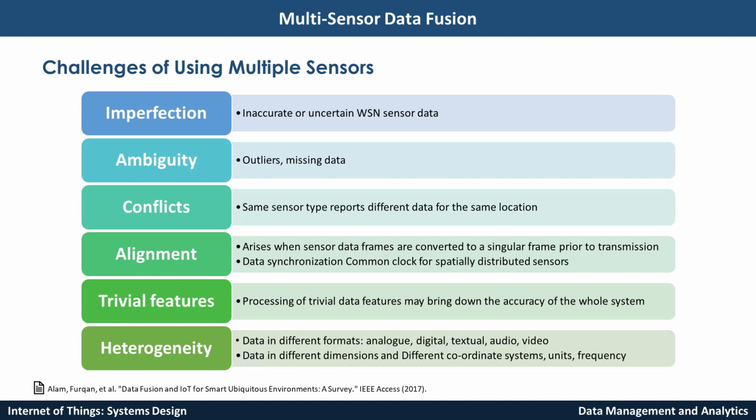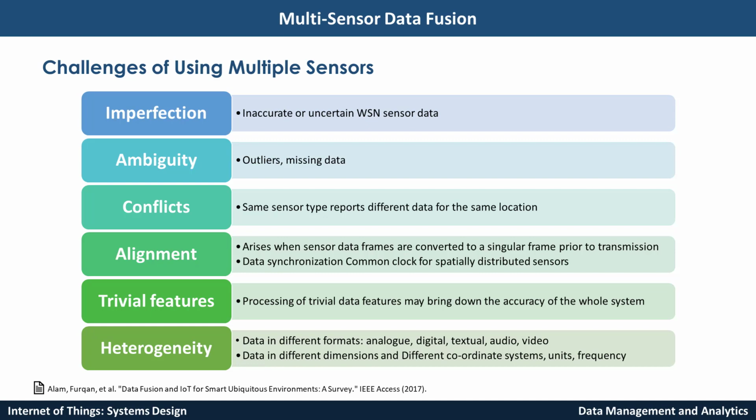Therefore, feature engineering is really important. For example, if you are using accelerometer data to determine whether someone is running or walking, you really need to pick the features that help you to classify them. If you pick some very trivial features, then it will be difficult for the machine learning algorithm to actually classify the activity.